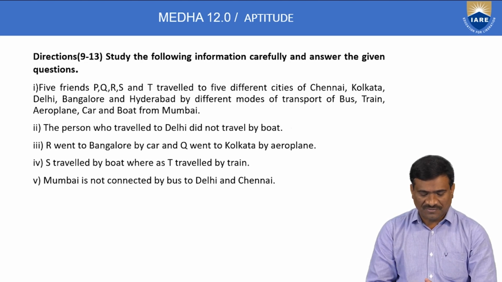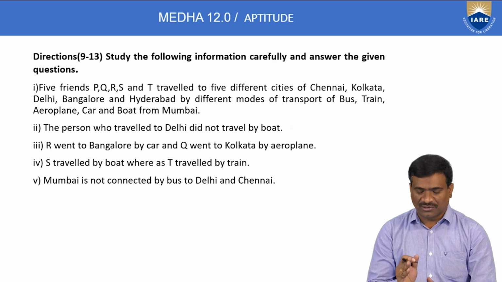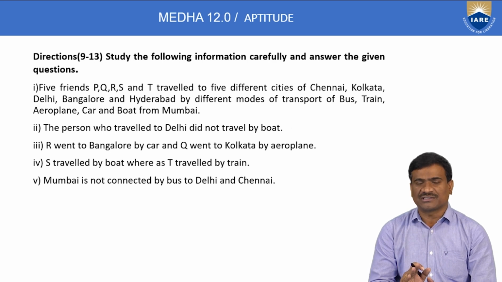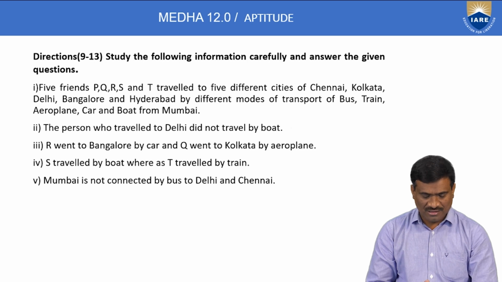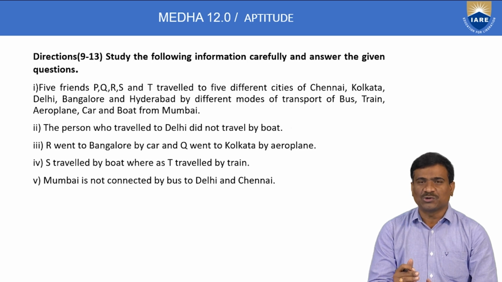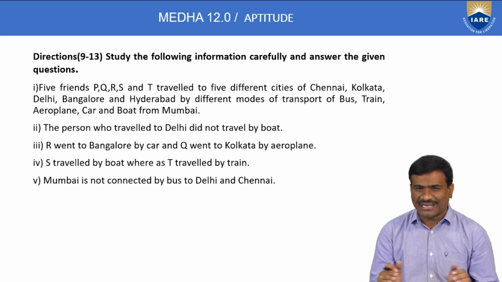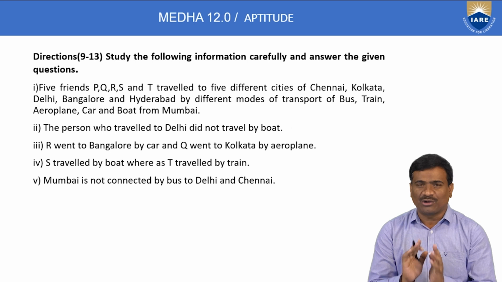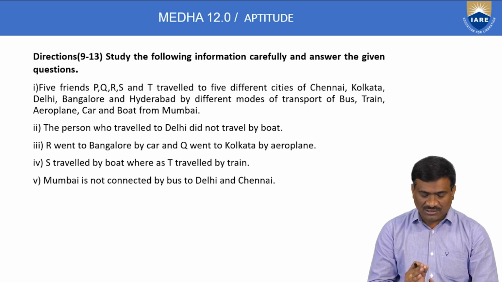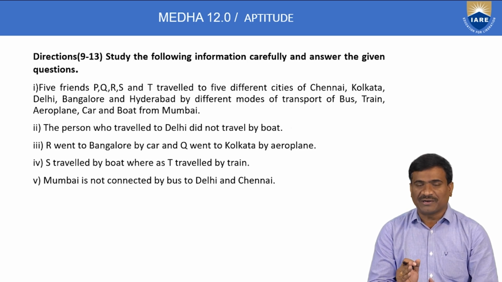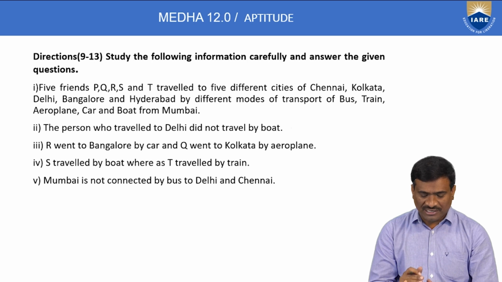Second statement: the person who traveled to Delhi did not travel by boat. This is called a condition. Third point: R went to Bangalore by car. Q went to Kolkata by aeroplane. This is clear information about Q and R. S traveled by boat and T traveled by train. Mumbai is not connected by bus to Delhi and Chennai.